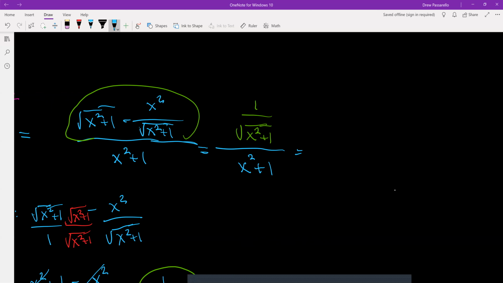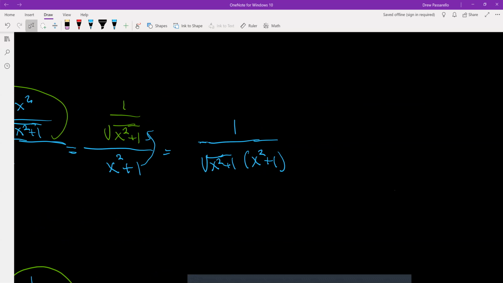So in other words, you could write it as the following. I just brought the x squared plus 1 up to the denominator of the fraction up top. You can do that when it's a fraction divided by some number or some quantity.